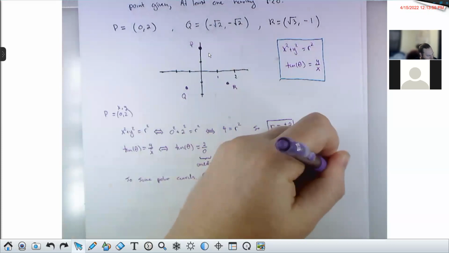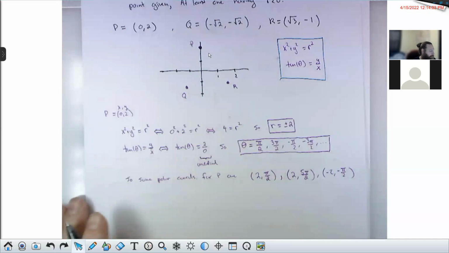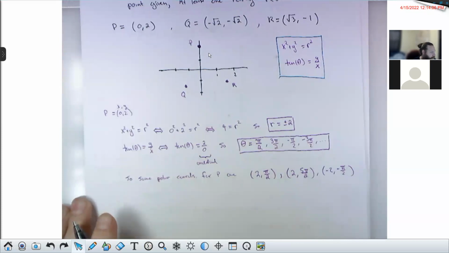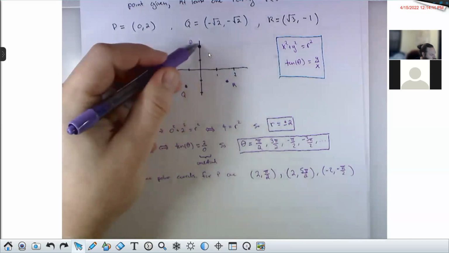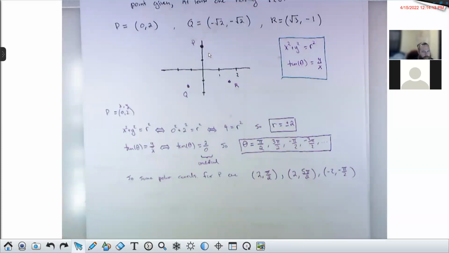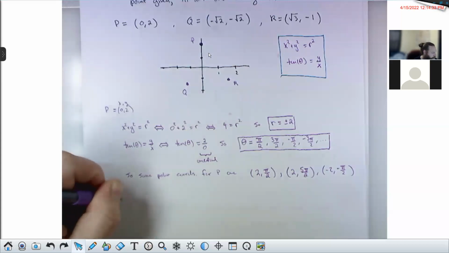So -2 comma negative pi over 2 would work. And we could keep going. -2 comma +3 pi over 2 would also work. But I'll stop here. There's many, many ways. Questions on what we did with the point P here?